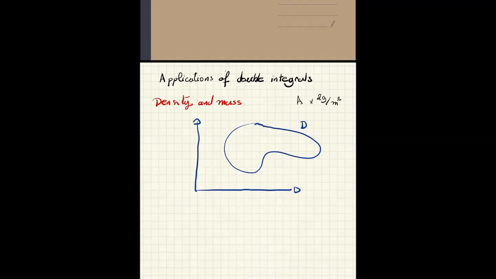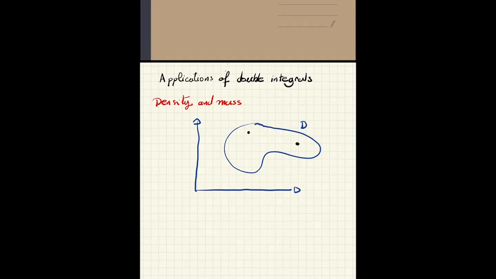But the problem comes when this density is not uniform. For example, if you take a small little box or little piece of this object, the density is not going to be the same as here. Here it's going to be 2 grams per unit square, and here it's going to be 3.